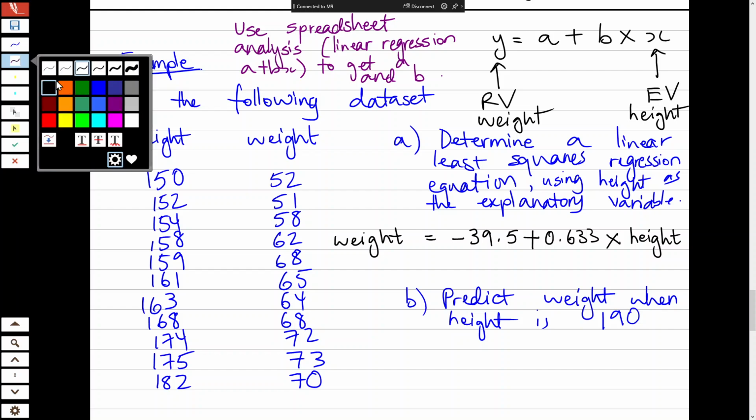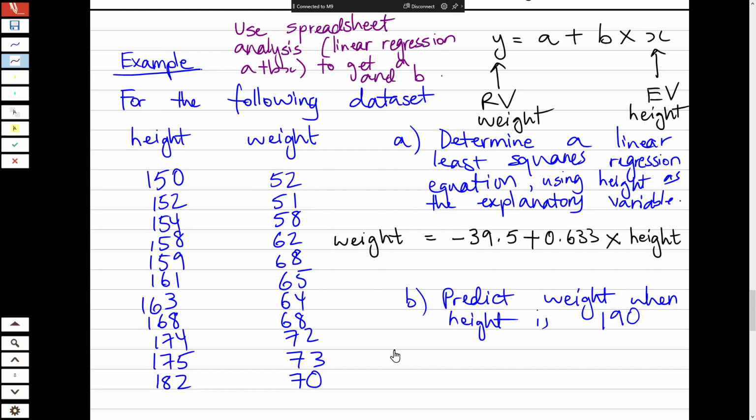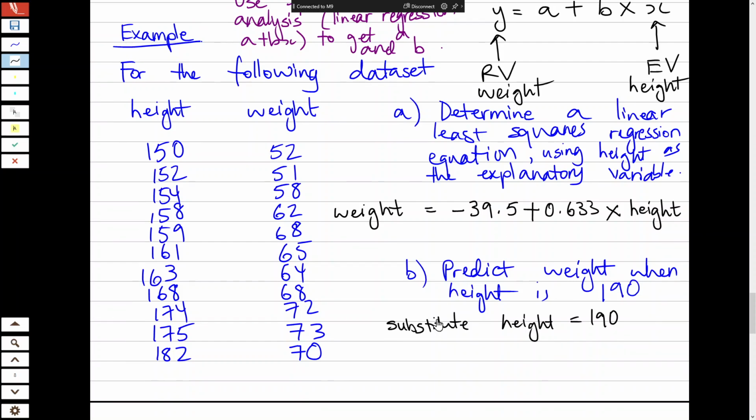All right, so you will get a question like this. So we'll substitute height equals 190 into the equation that we just calculated. So when we do this, we get weight equals negative 39.5 plus 0.633 times 190. I'll need a calculator for this one.